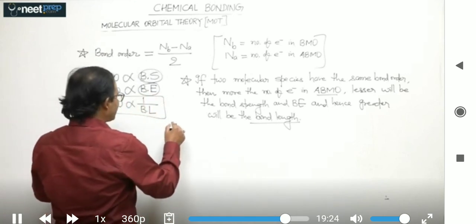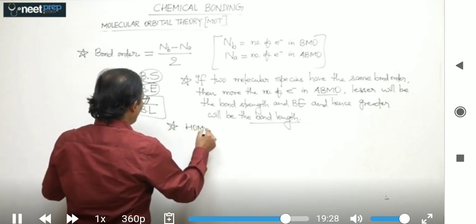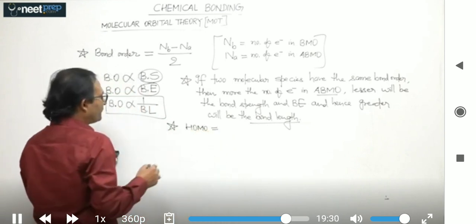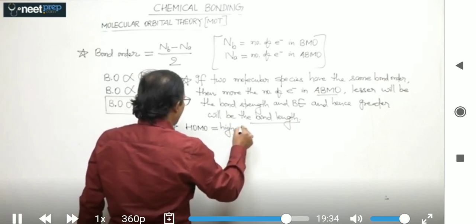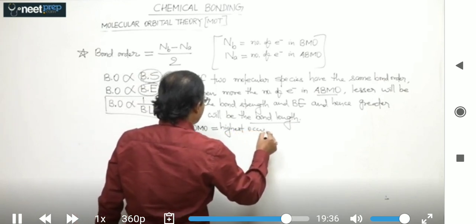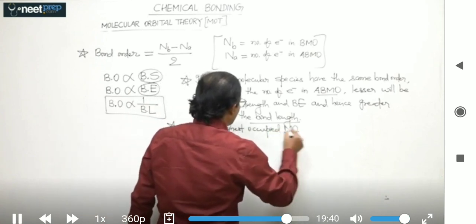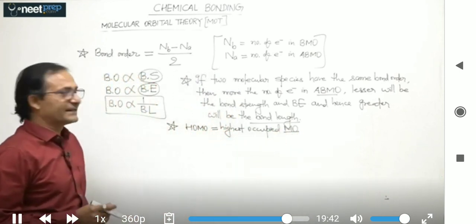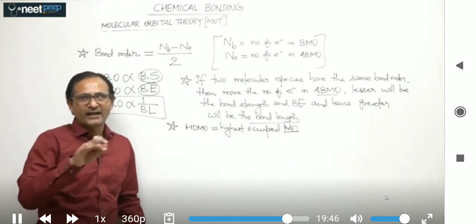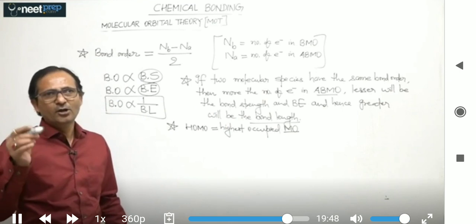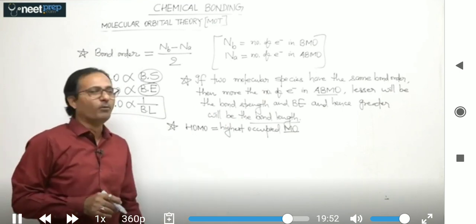Now look at this, HOMO. The full form of HOMO is highest occupied molecular orbital. That is, the last molecular orbital which has electrons is called HOMO.